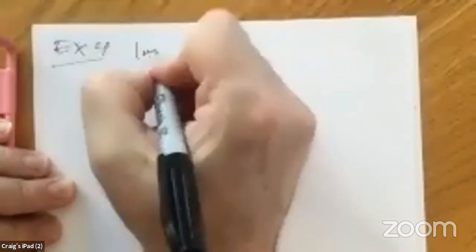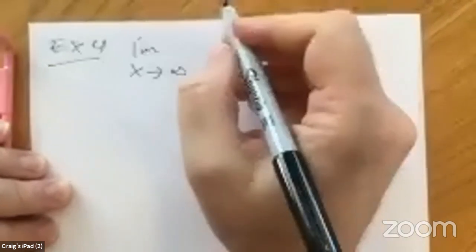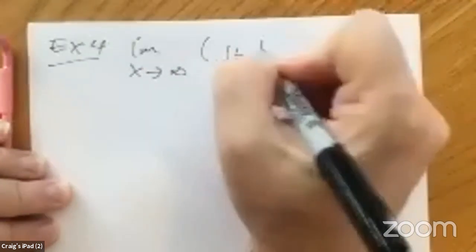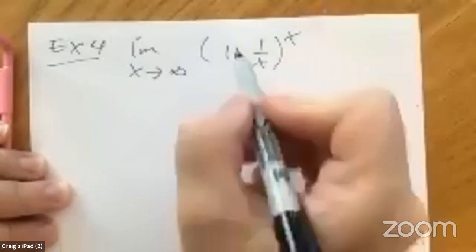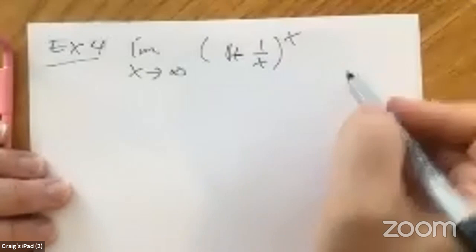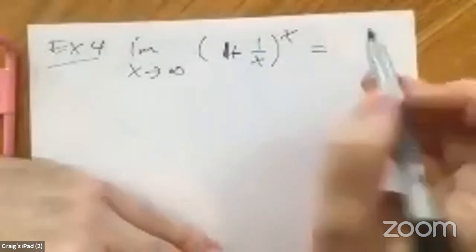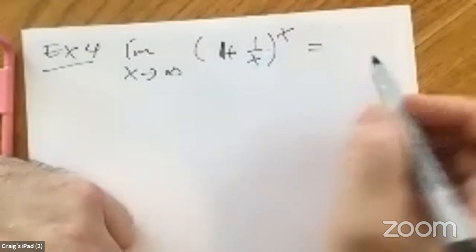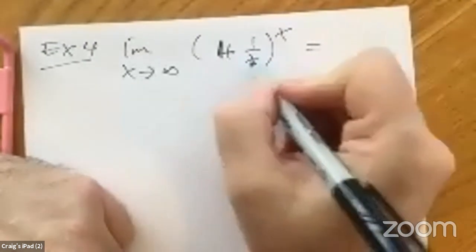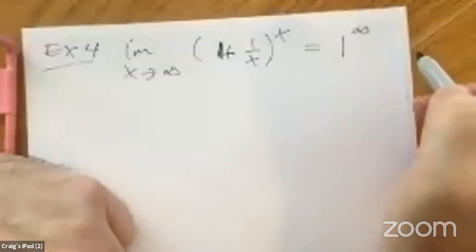We're going to take the limit as x goes to infinity of (1 plus 1 over x) to the x power. So this is of the form: as x goes to infinity, 1 over x goes to 0, and so I just have the form 1 plus 0, which is 1, all to the infinity power.